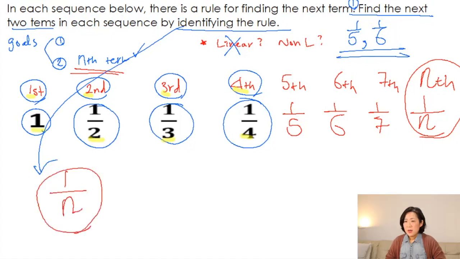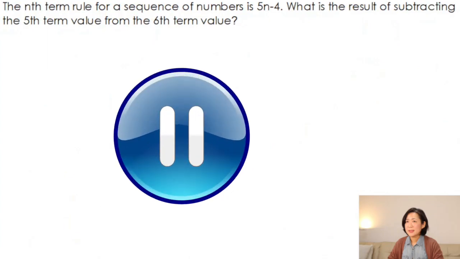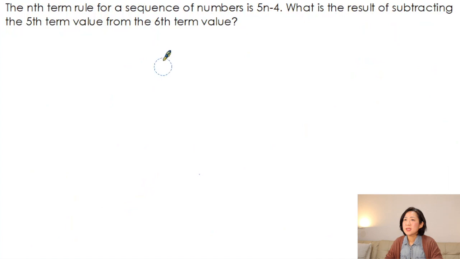Now, next question, pause the video and then try to figure out the pattern. So they kindly give us the nth term, that is 5n minus 4. Then what is the result of subtracting the fifth term from the sixth term?